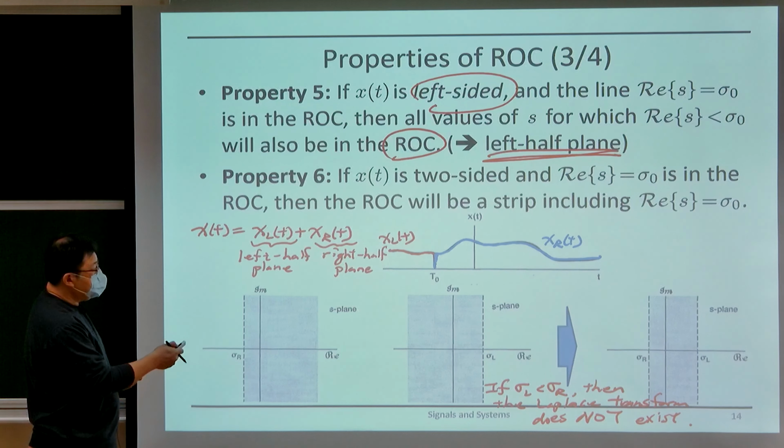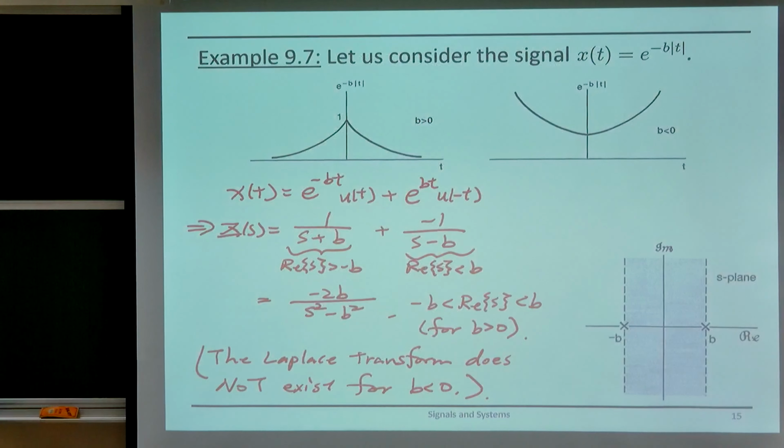And last time we looked at an example for this, all right? So here we have this two-sided exponential e to the minus b times the absolute value of t, okay. So if b is greater than 0, then it decays on both sides. But if b is less than 0, it increases on both sides, okay?